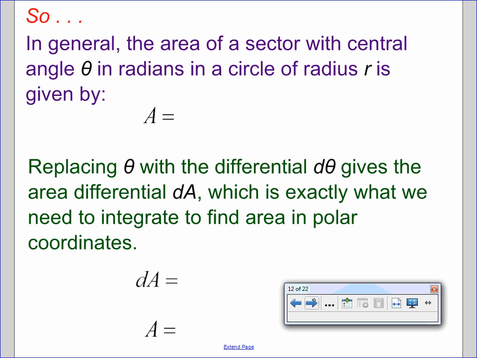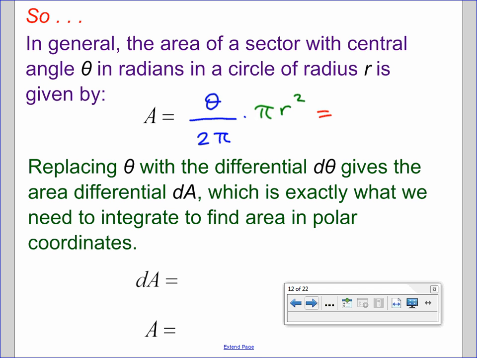So for us in general, my area is given by whatever theta, the central angle of my sector is, out of 2 pi times the area of the whole circle, pi r squared, and we can reduce this. So theta out of 2 pi times pi r squared equals what?